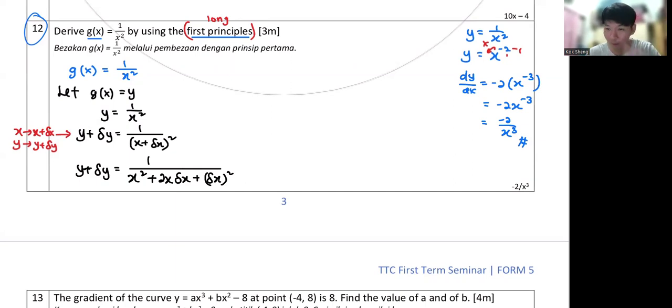Okay, so step one done already. Step two will be going for the elimination.